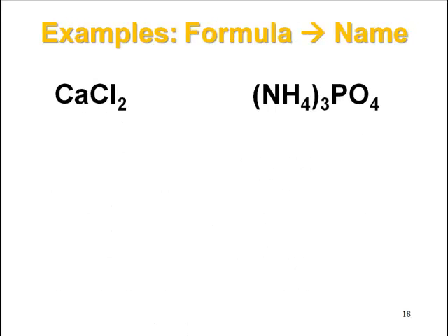So the first thing to look at is formula. How do we get a name from a formula? To get a name from the formula, we start out, according to our rules, with the name of the first element, which is the cation. So Ca is the cation here. Its name is calcium.